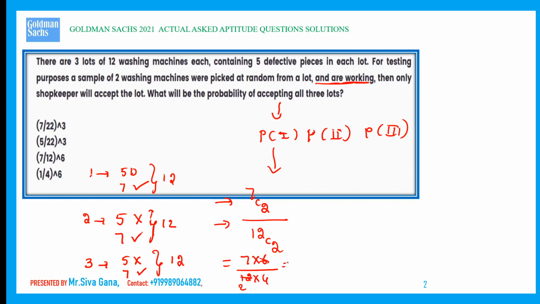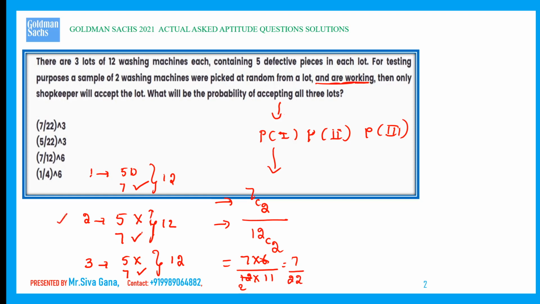Somewhere I went wrong. This is 12 into 11, sorry. 12C2 is n into n minus 1 by 2, so 12 into 11 by 2. The 2 gets cancelled, so this is nothing but 7 by 22, which means the probability of selecting the first lot is 7 by 22.